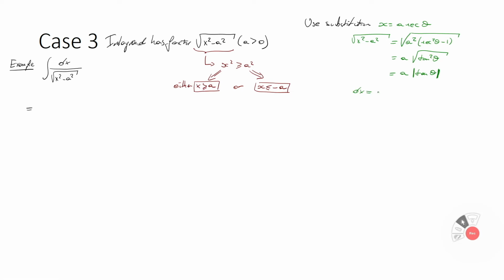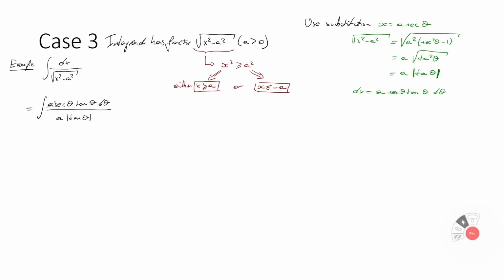So dx is then a times the derivative of the secant, so that's secant theta times tan theta d theta. So with that we can substitute in our integral, and we get a secant theta tan theta d theta, and then divided by a times absolute value of tan theta.